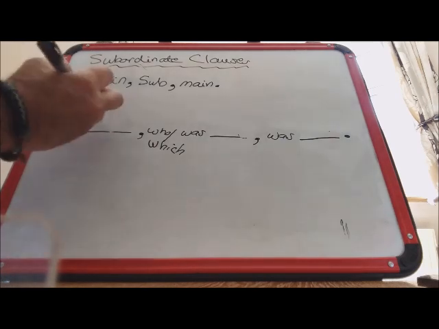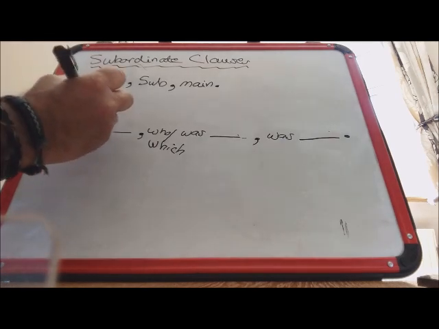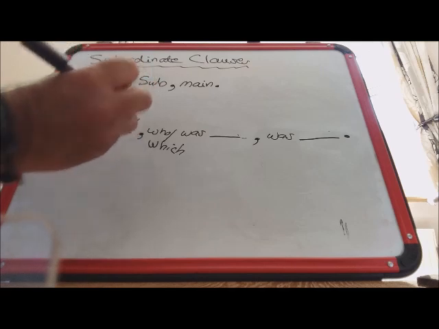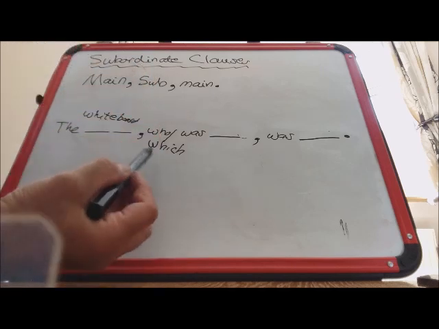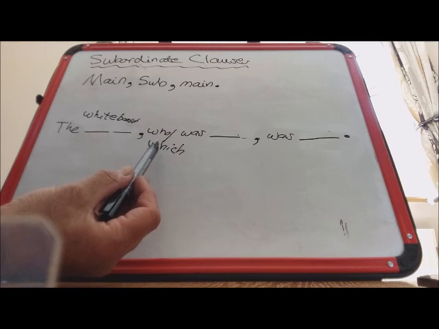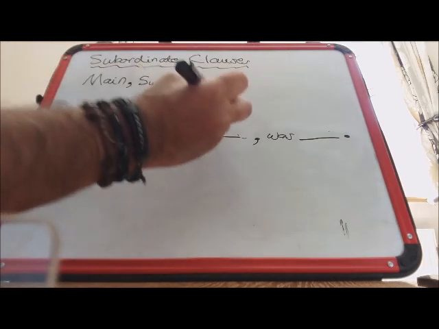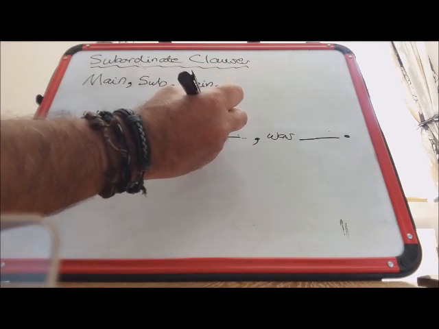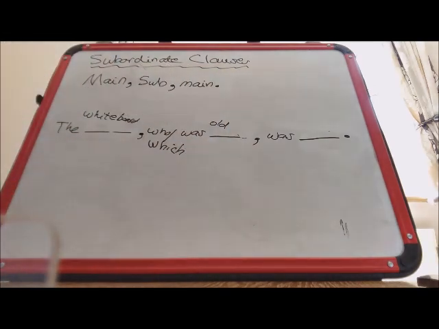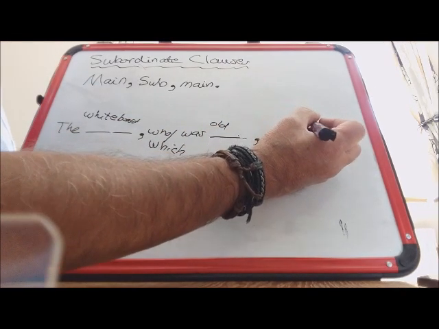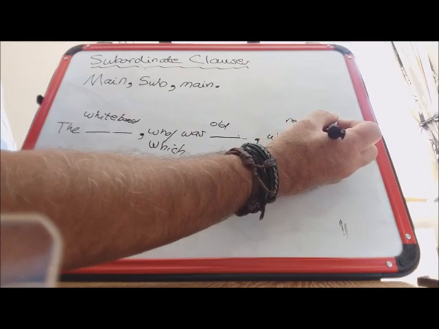So let's go with whiteboard. So the whiteboard which was, don't forget we use which rather than who. So the whiteboard, which was old, because it is quite old, it's very, very old actually, was red and white.